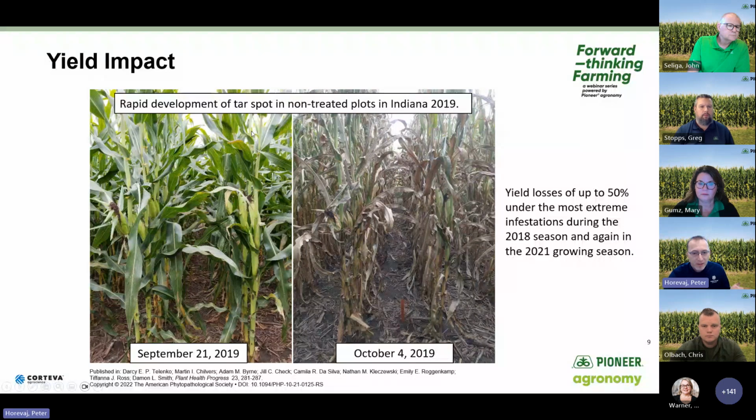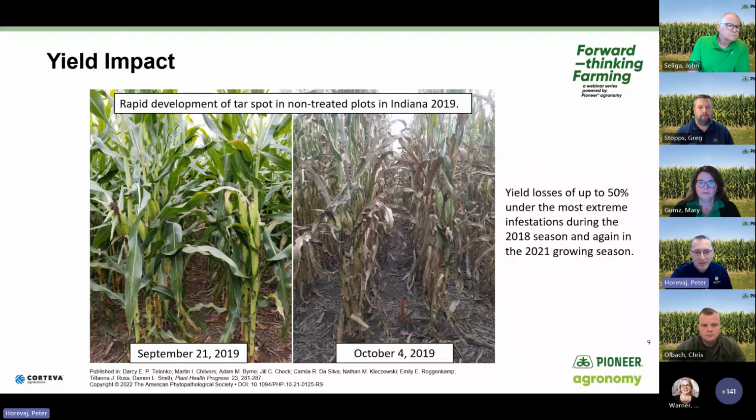It seems like it's very weather dependent. This is a picture from one study done by the researchers. I think it was a fungicide study where they had a non-treated control, and obviously they chose some susceptible hybrid for that work.